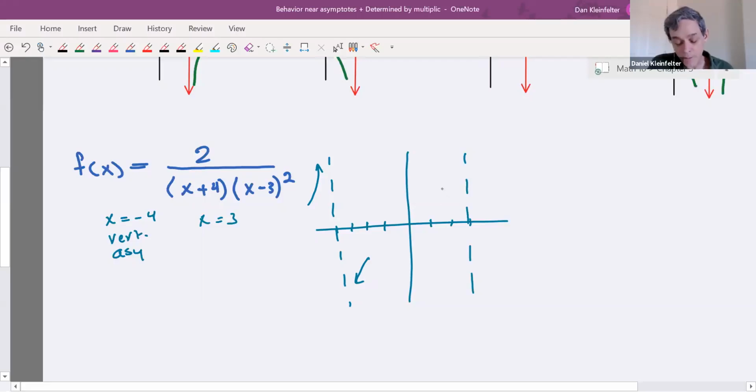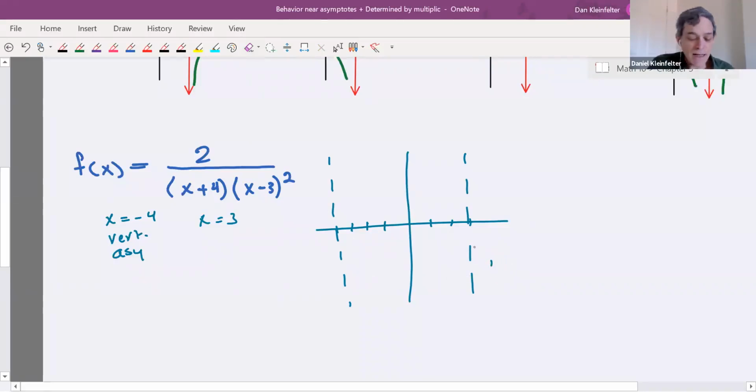And then for the one at 3, I know that this has even multiplicity. So it will either be both up like that, or it's going to be both down, because of the degree on those two polynomial factors in the denominator. So let's go ahead and figure out which it's going to be.